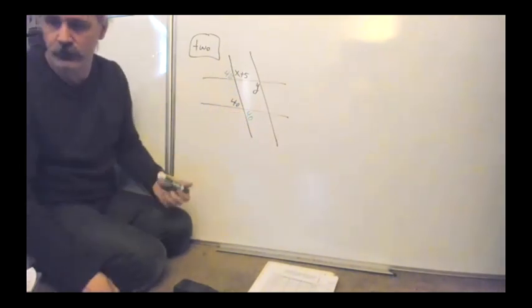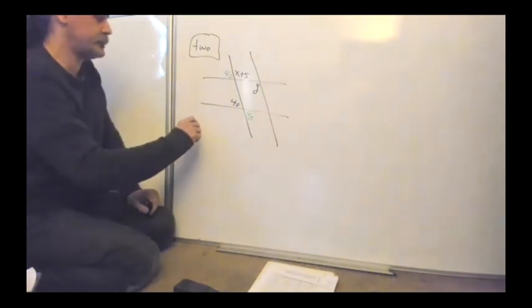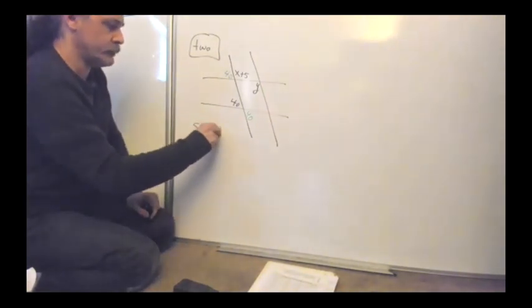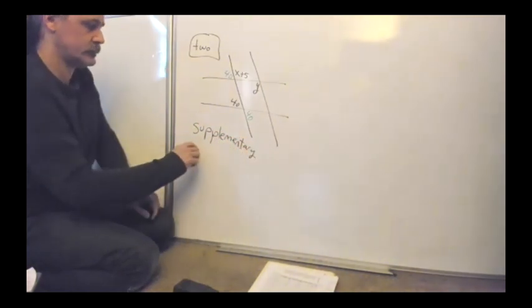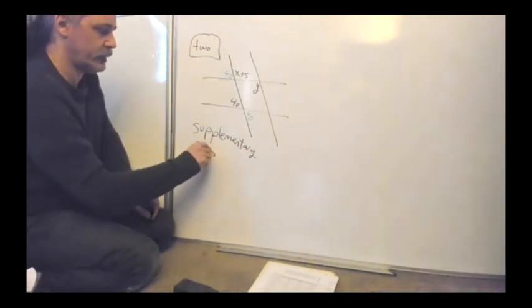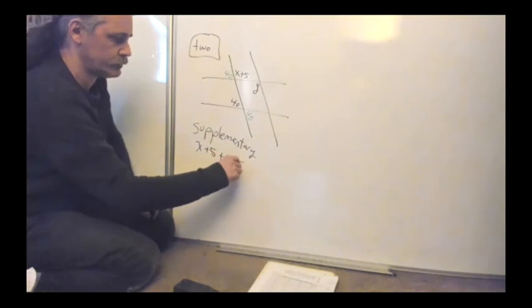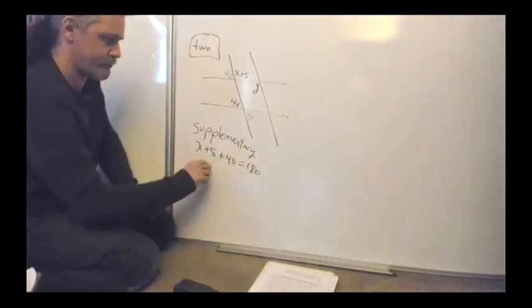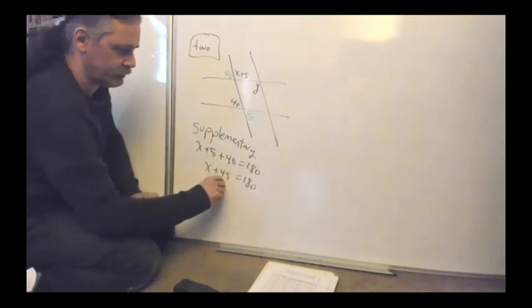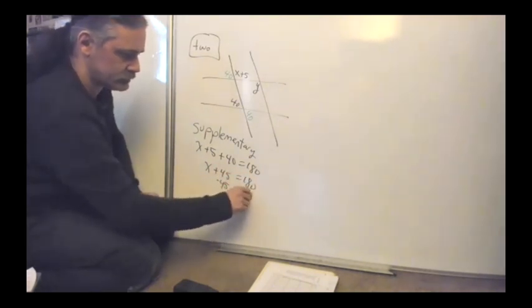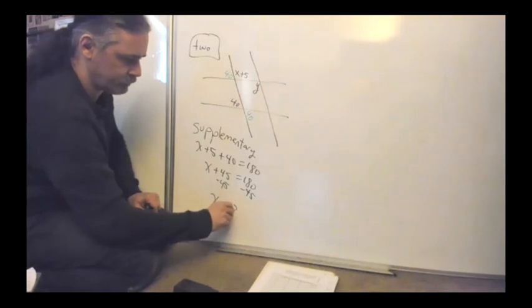So however you go about it, eventually you're going to do the fact that they're supplementary to solve for x. Okay, so then x plus 5 plus 40 equals 180. And then when you subtract 45, you get the value of x, which would be 135.